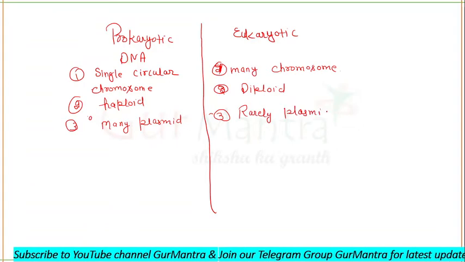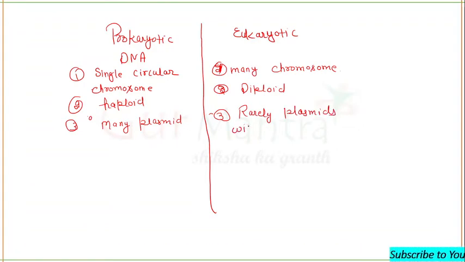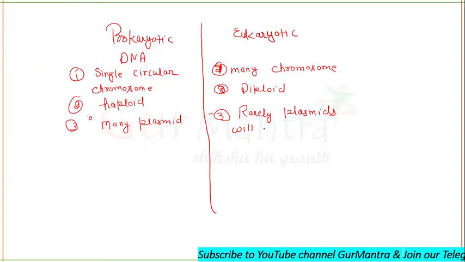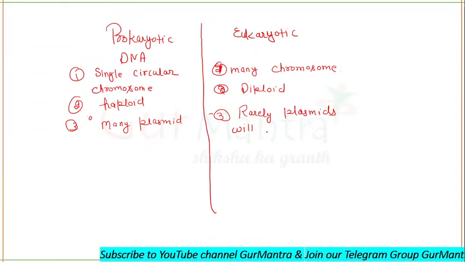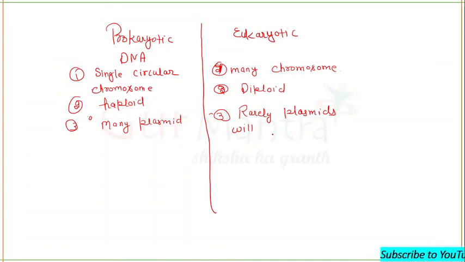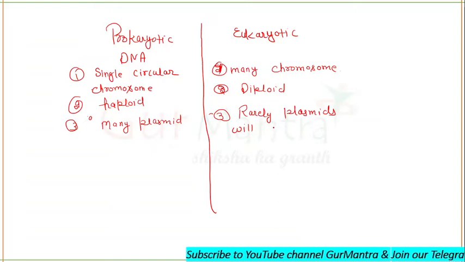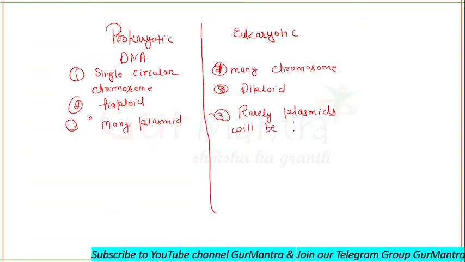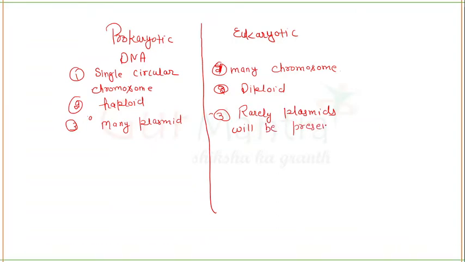Have you ever heard about plasmids being present in eukaryotic cells? We cannot be so assured that many eukaryotic cells have plasmids. So rarely will a plasmid be present in a eukaryotic cell. I will tell you in the end which cell contains a plasmid and what the name of that plasmid is.